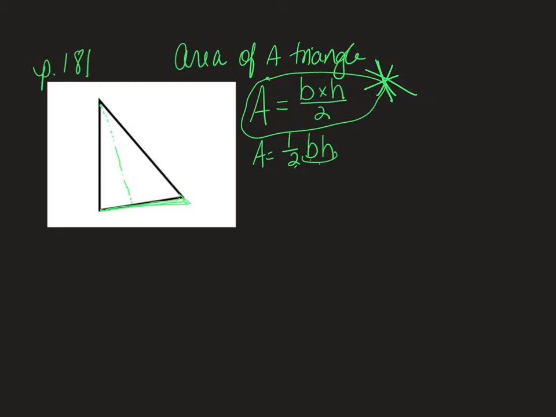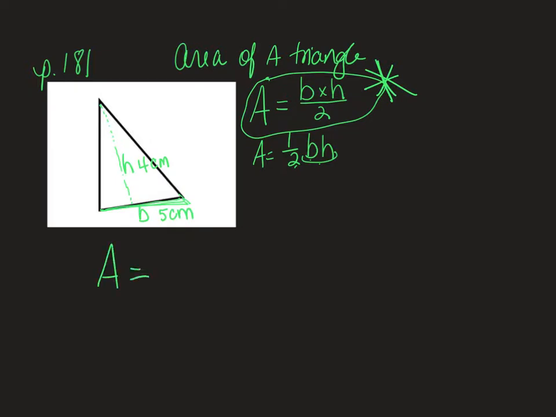So here we go. This is your height, and this is your base of a triangle. Let's just say, for example, that the base is 5 units and the height is 4 units. Let's just say they're centimeters.